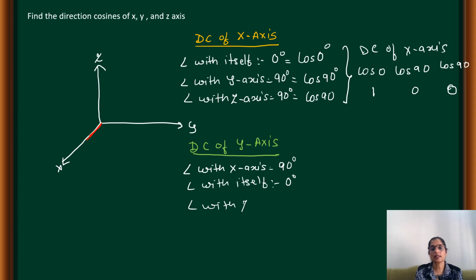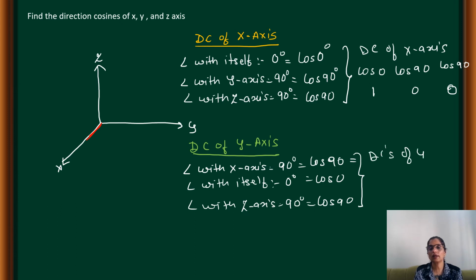Angle with the z-axis is, very easily, 90 degrees. So this is going to be cos 90, cos 0 and cos 90 again. The direction cosines of the y-axis are cos 90 which is 0, cos 0 which is 1, and cos 90 again which is 0.